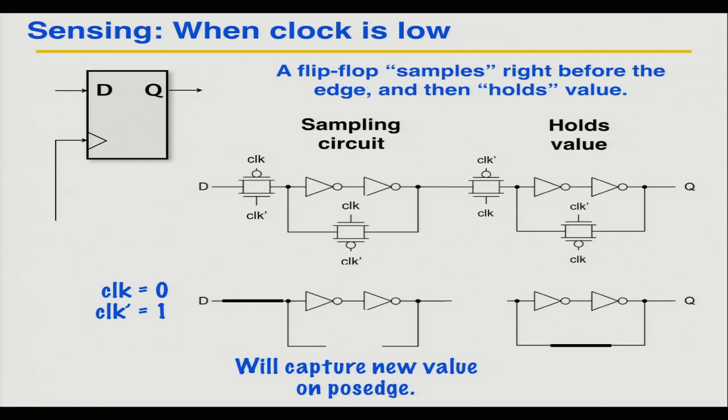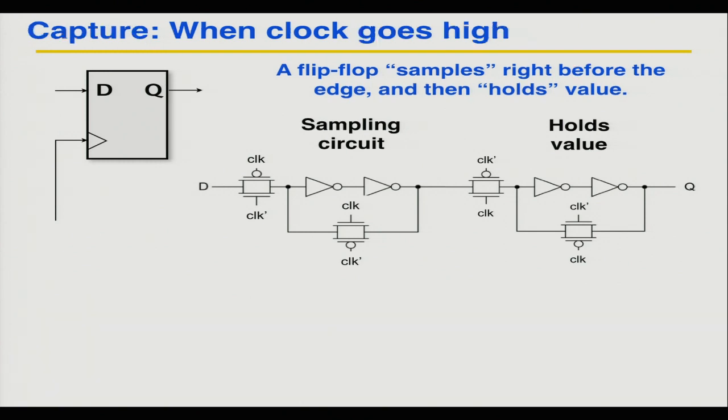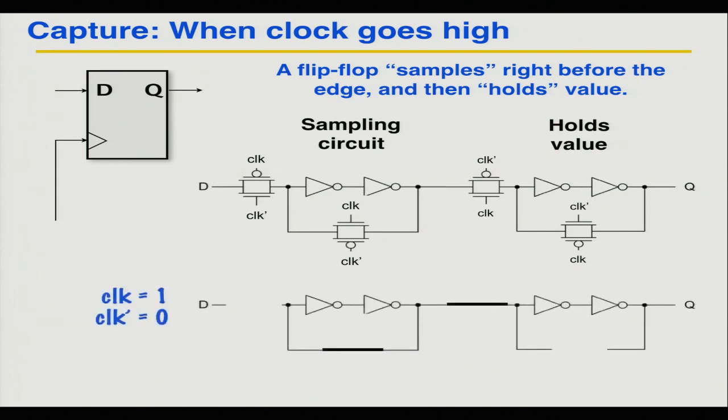When the clock goes high, we switch the operation. So on the rising edge of the clock, we turn off that transmission gate, close this loop, and we've captured the new value in here. That switch turns on, this turns off, and then it just shoots all the way through to the output. So you can see right on the rising edge of the clock, that's when everything interesting happens. Right?